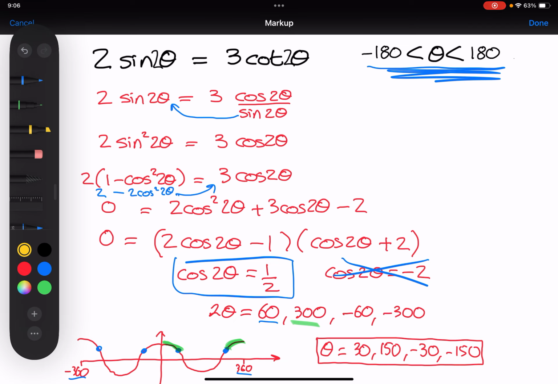I also know that this is going to be 60, so 60 less than 0, which is minus 60. And I know that this is also 60 more than minus 360, so minus 300. And then you can see I've divided all of those answers by 2 to get the 4 solutions that are in that range.